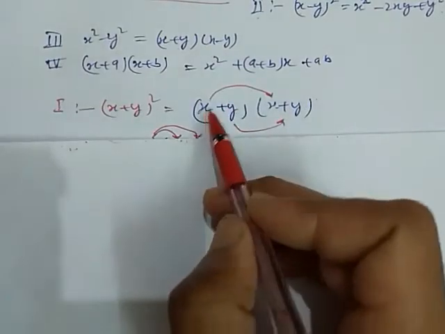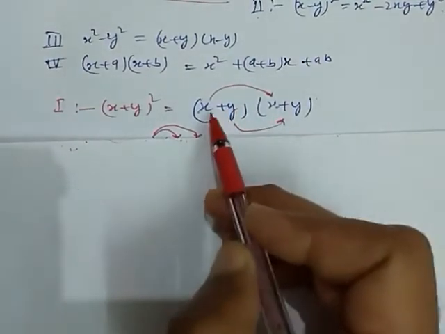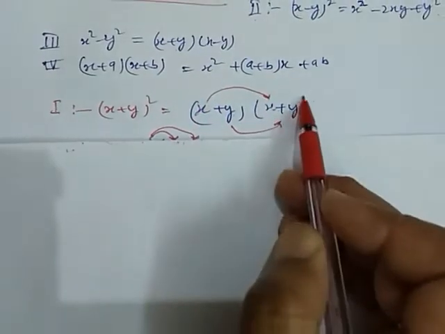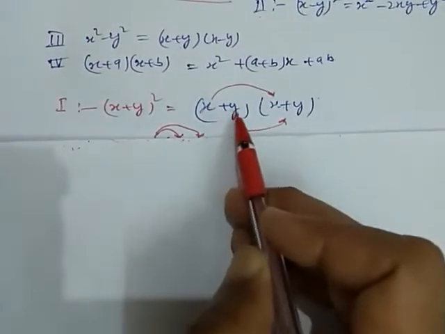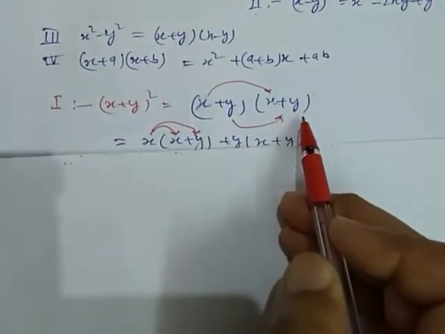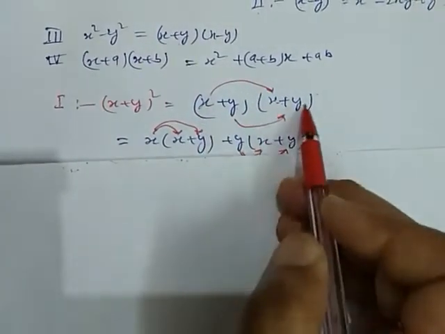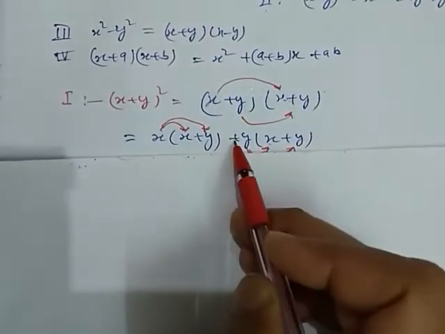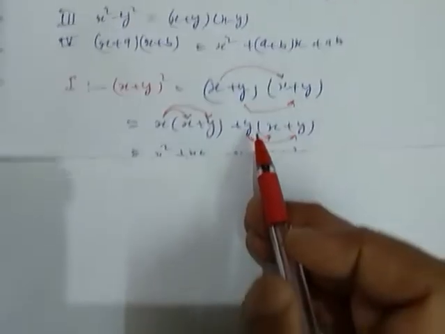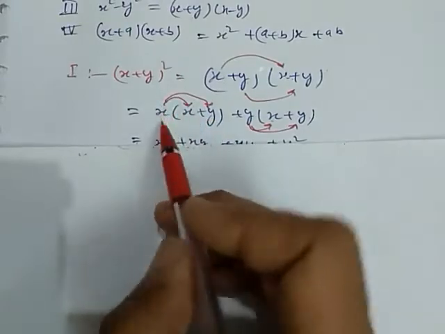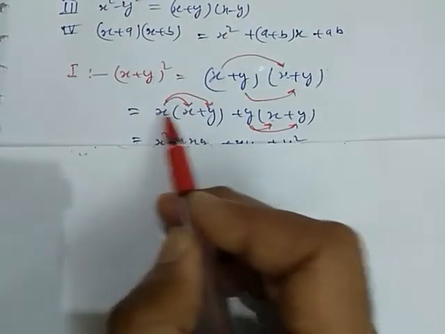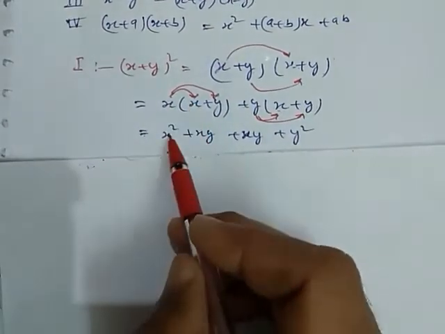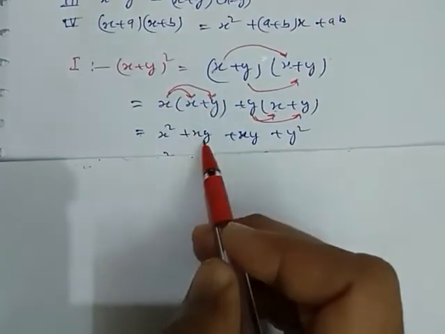Now multiply this. When we multiply these two terms, x multiplies the whole term and y also multiplies the whole term. So we can write x into x plus y, plus y into x plus y. Multiplying, x into x is x square, x into y is xy.